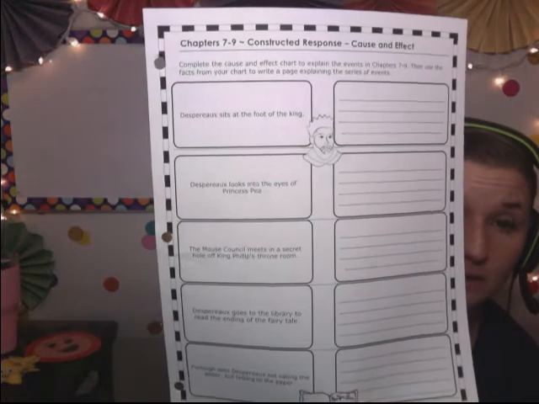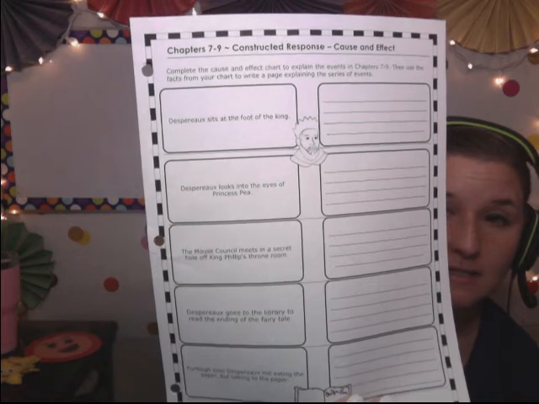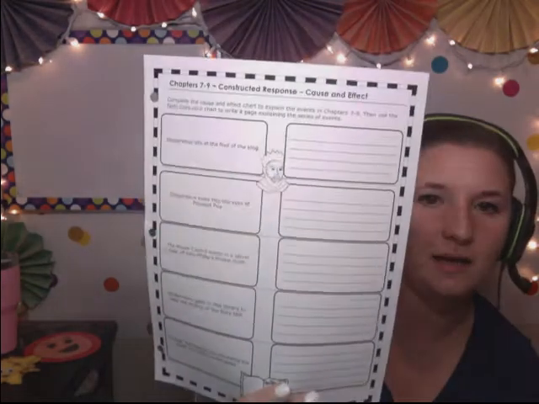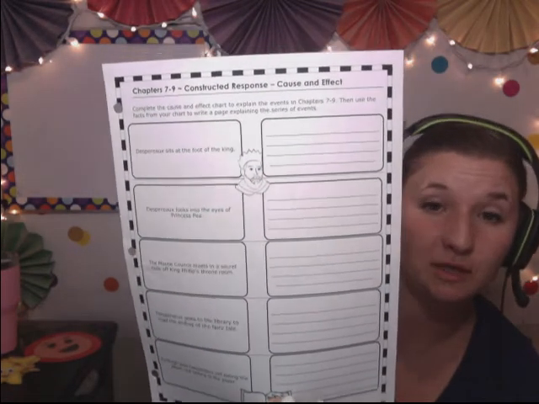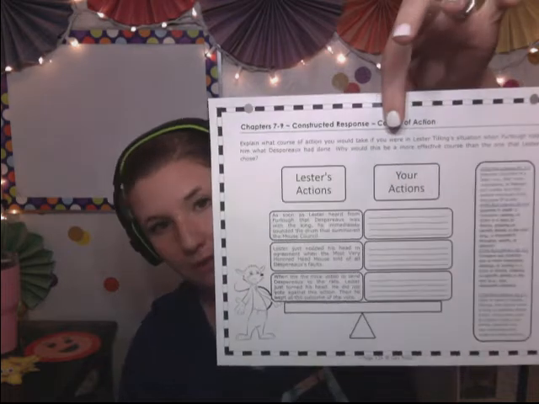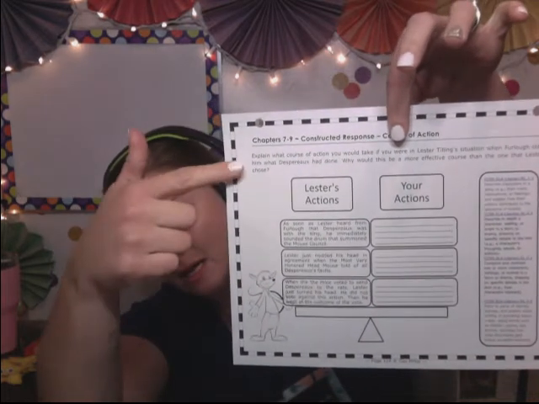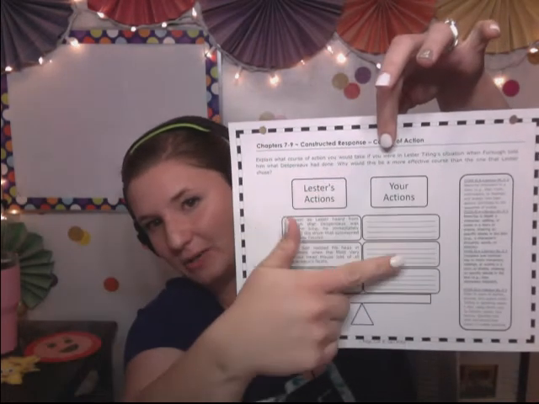It has the king on it, and it has some writing on the left side, and writing for you to put in on the right side. So that's what we're going to focus on first. And then the second one looks like this. Course of action. It's got Despero, or a mouse of some kind, down here, Lester's actions, and then your actions.